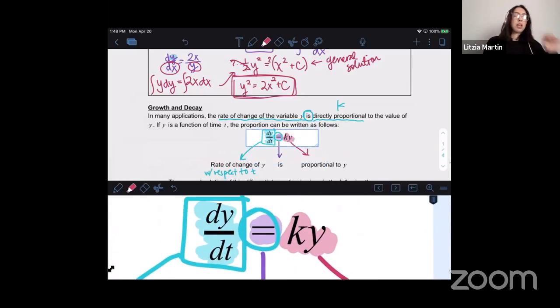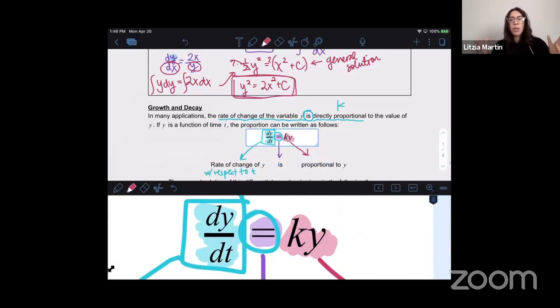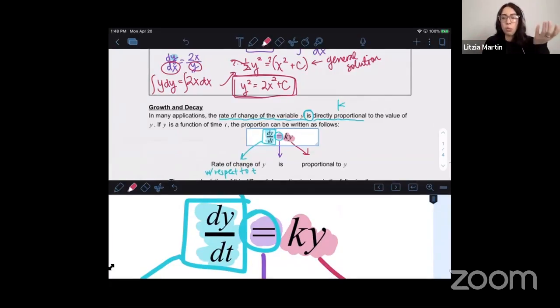So what does that mean? It's kind of like maintaining the balance, right? If you have some y value here, we don't know exactly what y is, but we know that the rate of change of that y is going to be directly proportional. So let's say y is equal to 1, then the rate of change is going to be 1 times k. If y is equal to 3, then the rate of change is going to be 3 times k. So they're always going to be matching up.